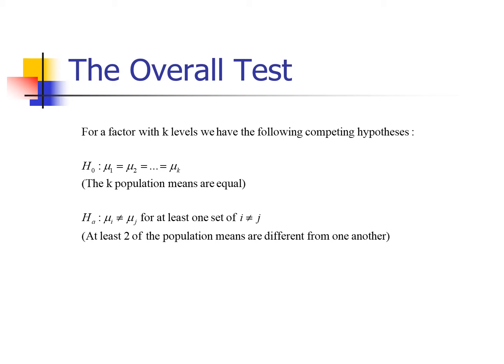Here, our null hypothesis is that the mean for population 1 is the same as the mean from population 2, which is the same as the mean from population k. They're not necessarily 0. In fact, probably they're not 0. But all we're stating with our null hypothesis is that they're the same. And of course, the alternative hypothesis is the negation of that: there are at least 2 means that are different from one another, maybe more.